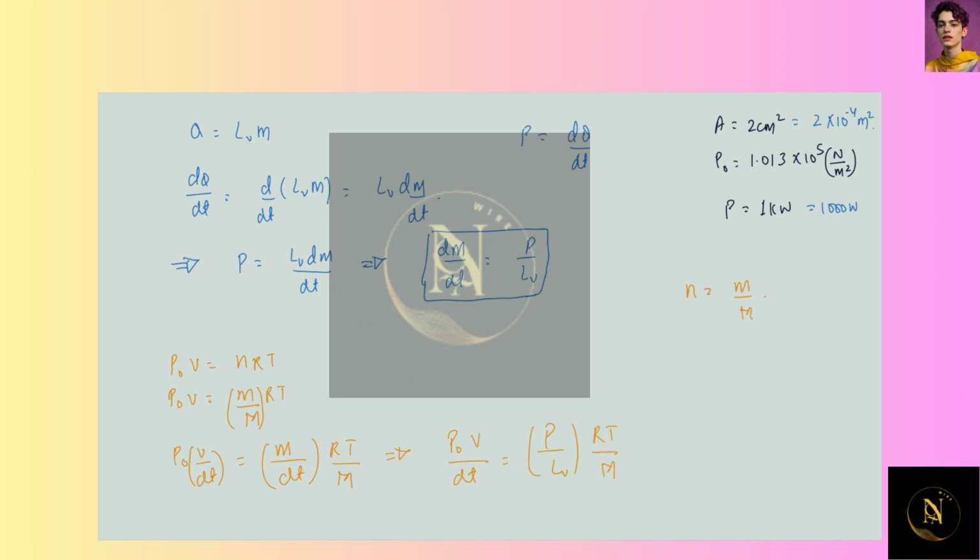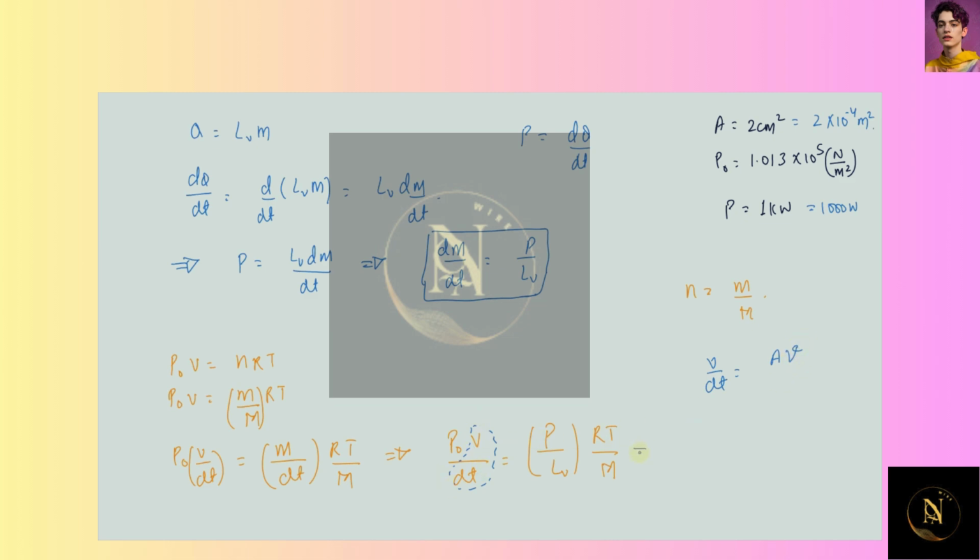And we know that if you consider this term dV/dt, which is nothing but the rate of change of volume, and volume we know is area into velocity, so the rate of change of volume is area into velocity. So let me write v to represent the velocity.